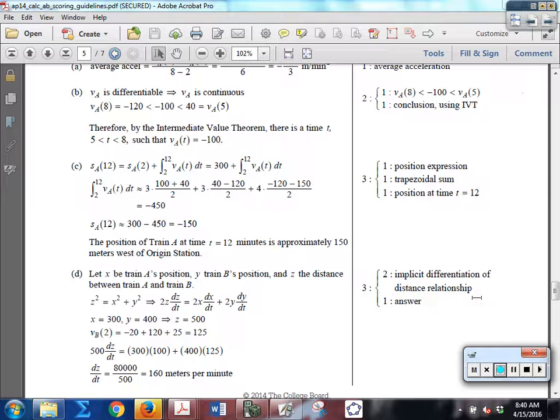So that's awesome. All this other stuff is for 1 point. I mean, it's worth it if you have time. But they went through 300, 400, 500, finding out what it is at that time. And then the velocity at time 2 is 125. The velocity of the other one is off this table. At time 2, this one is 100, so you're plugging that in for the velocity.